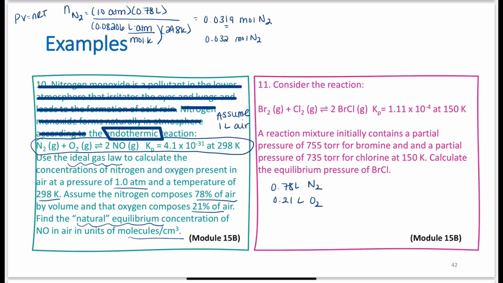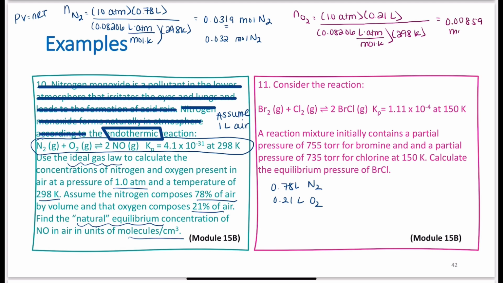Do the same thing for oxygen. Number of moles of O2, 1.0 atmospheres times 0.21 liters, over 0.08206 liter atmosphere per mole K times 298 K, is going to give me 0.00859 moles of O2.